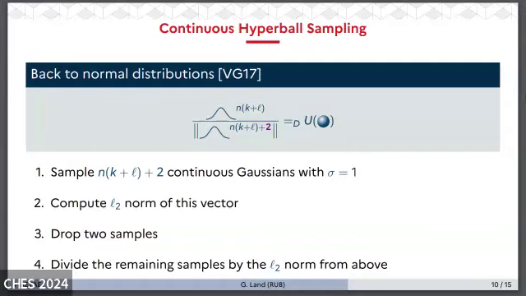And then we compute the L2 norm of this vector, and then we drop 2 samples and divide the remaining samples by the L2 norm from above. So every implementer will now ask, wait, what? Continuous Gaussians, not even discrete Gaussians, what we're used to.